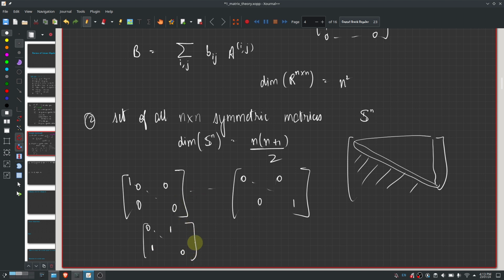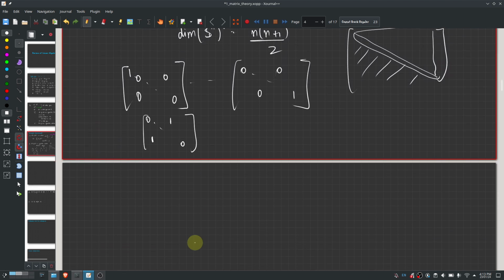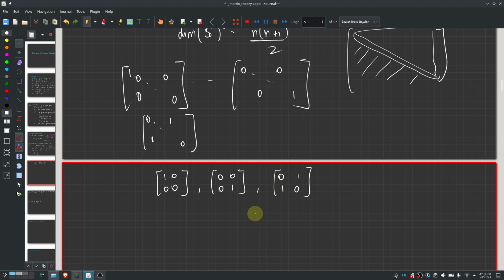Correct? So if we had to just take a 3 by 3 example or even a 2 by 2 example, can you list out all the basis vectors for S2? So 1, 0, 0, 0, this is one matrix. 0, 1, 0, 0, this is also a symmetric matrix. 0, 1, 1, 0, this is also a symmetric matrix.